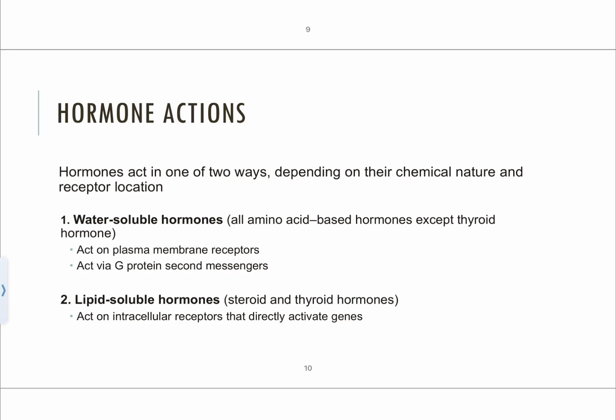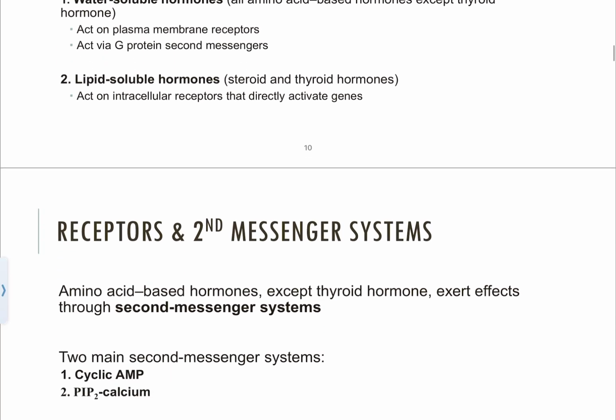Our lipid-soluble hormones are steroid-based hormones, which are gonadal and adrenocortical hormones, and then our one exception that was amino acid based, which is our thyroid hormones. Because these are lipid soluble, they're all going to act on intracellular receptors. And when they act on these intracellular receptors, they're going to directly activate genes. Because they can diffuse directly across the plasma membrane, that's where their receptor is going to be found.